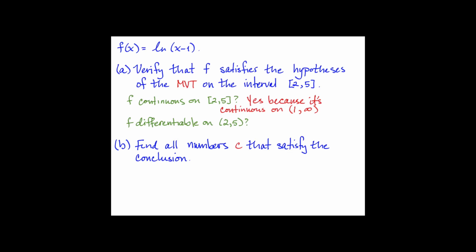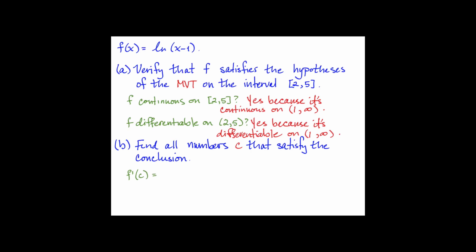So as long as x is greater than 1, that thing is defined. And it's differentiable on the same interval, from 1 to positive infinity. So of course, it's differentiable on the interval from 2 to 5. All right, so now we're going to find the numbers c that satisfy the conclusion.